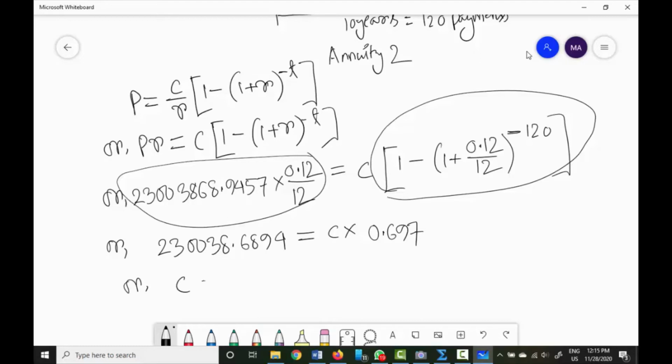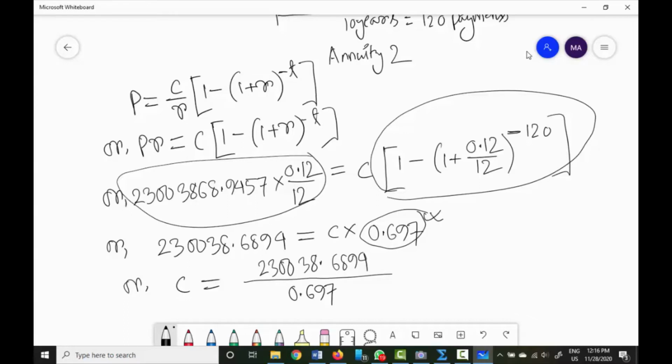So C will be equal to what? If you bring this one to the left hand side, it will go into the lower part of the fraction. So in the numerator we will have 230038.6894 divided by 0.697.